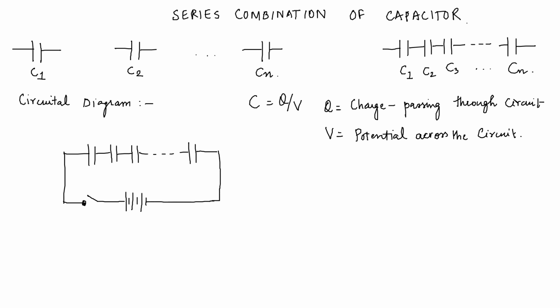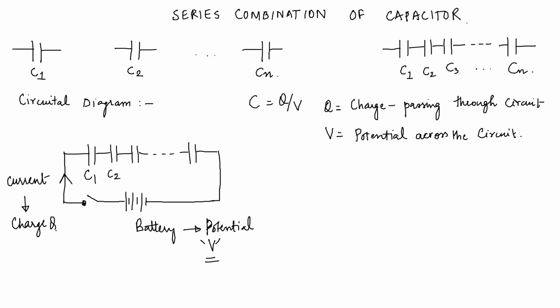Once the circuit is switched on, there is a flow of current, and this current in turn has charge in it. So charge Q flows. This battery provides potential to the circuit, hence the potential provided to the capacitors comes from this battery, and this is V. I will name the capacitors C1, C2, C3 up to Cn.